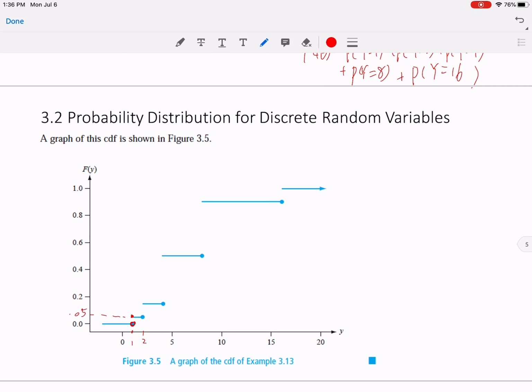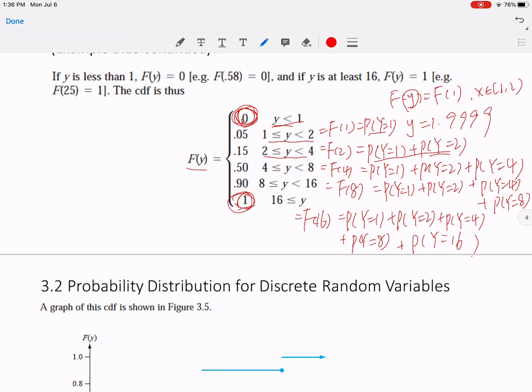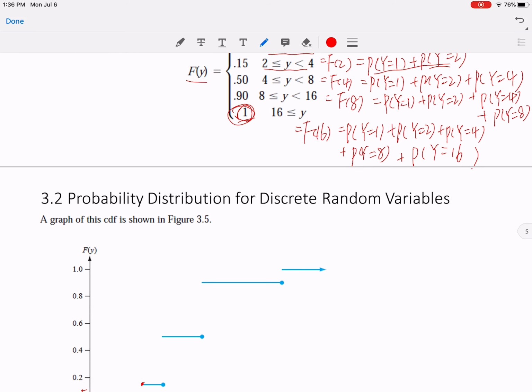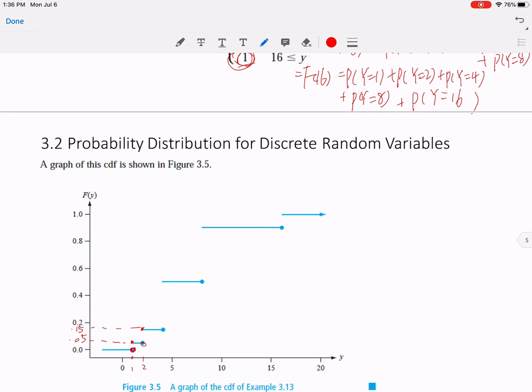So this should be the open circle, and this is a solid circle. And f of 2 is equal to 0.15. So this is 0.15 somewhere over here, and of course, this should be the open circle, okay?